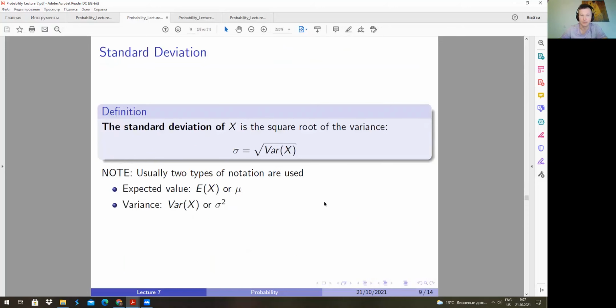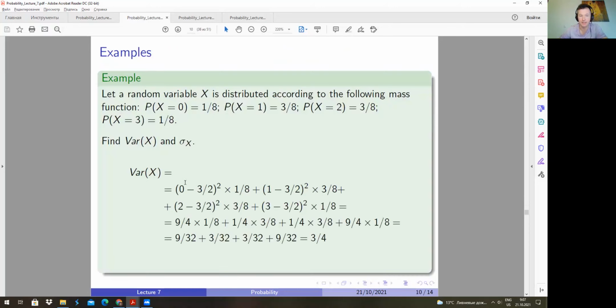I take each value of x, 0, 1, 2, and 3, and I subtract the expectation, 3/2. So 0 minus 3/2, 1 minus 3/2, 2 minus 3/2, 3 minus 3/2.